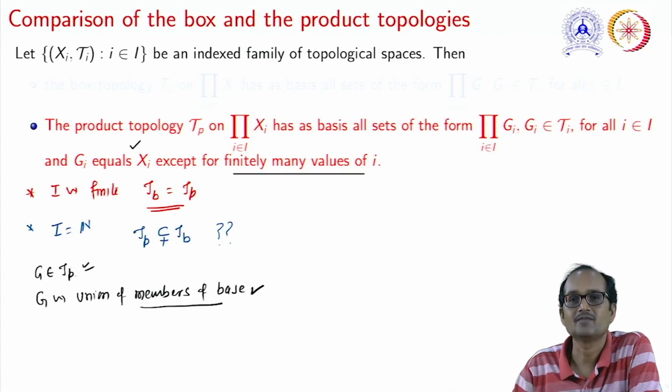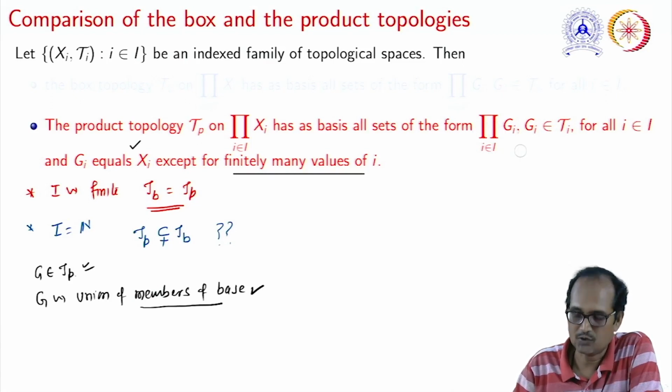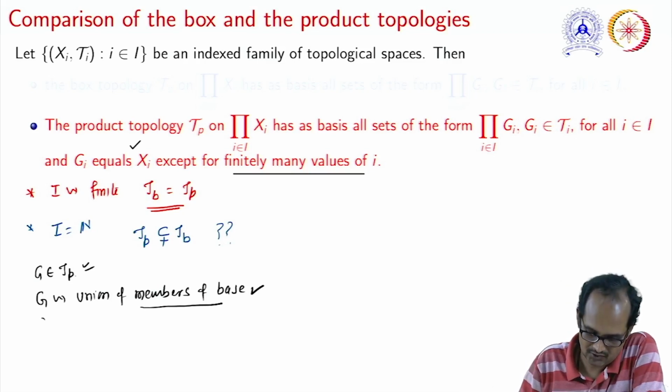But note that such products are also members of the basis for the box topology, and therefore this G will always be in the box topology. That is, the product topology is coarser than the box topology.